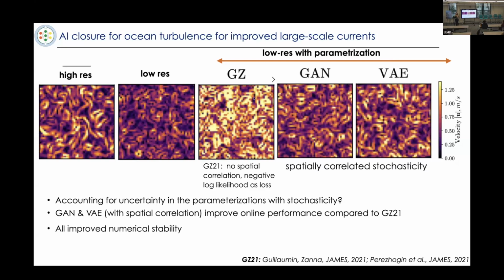Here is our attempt to implement that in an idealized simulation where, without increasing the computational cost, we faithfully capture the turbulence in the ocean, and overall improve the large-scale transport of tracers and other aspects of the system. So this is a way to use AI to learn the missing physics from data directly, in a way that remains faithful to the physics of the oceans, and to directly improve simulation without additional computational costs, because you learn this missing physics only once, and you can implement that in your model.